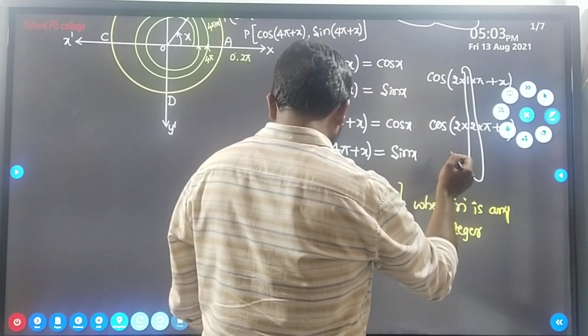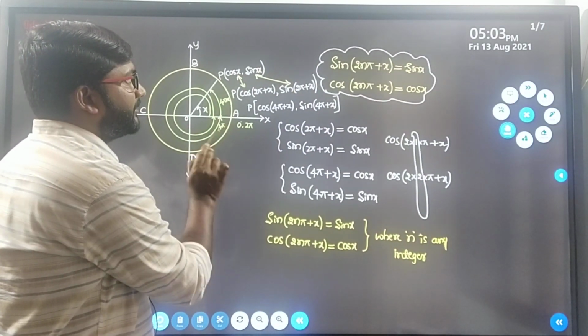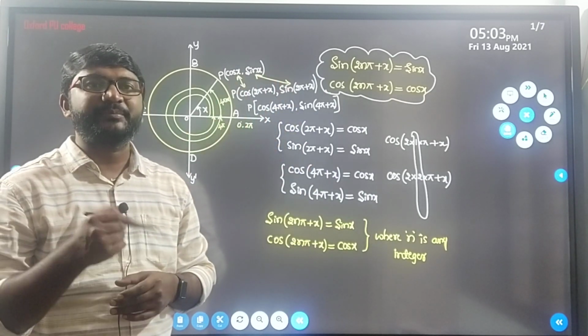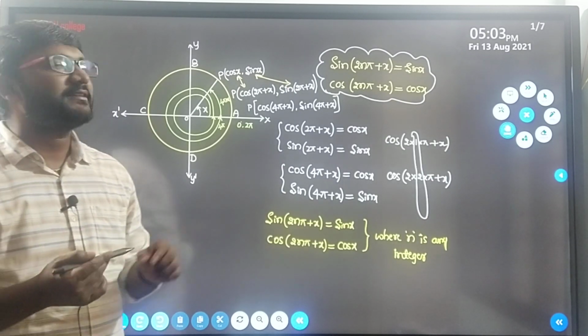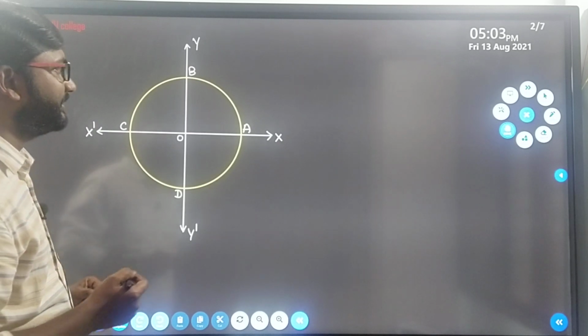So this is regarding the first set of formulas, sin 2n pi plus x and cos 2n pi plus x. So quickly go through this, then I'll be taking up the next two formulas.